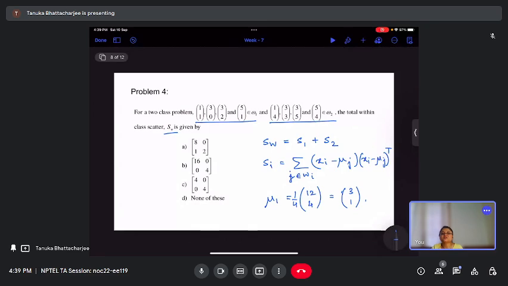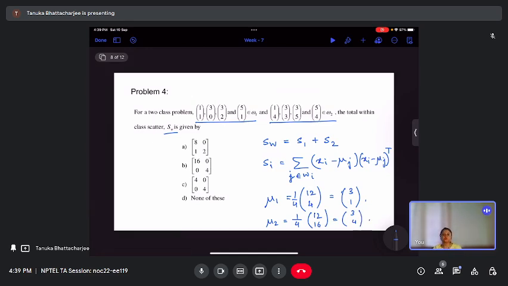So, mu 1 is (3,1). Similarly, if you compute mu 2, that is 1/4 of 12/16, that is basically (3,4).